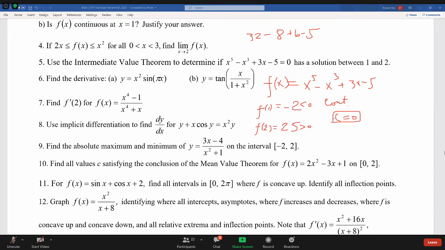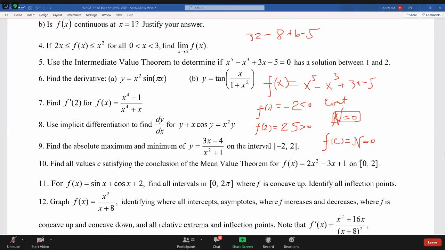No, not c. Let's use M, okay? Now, by IVT, there's a c between 1 and 2 such that f(c) is equal to M. So we have finished. What does IVT mean?